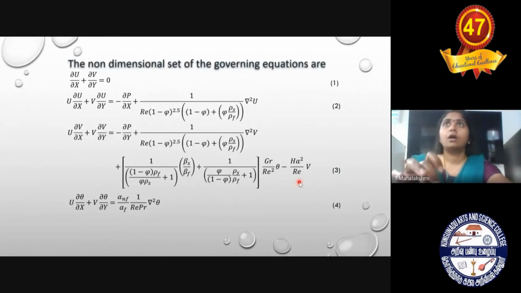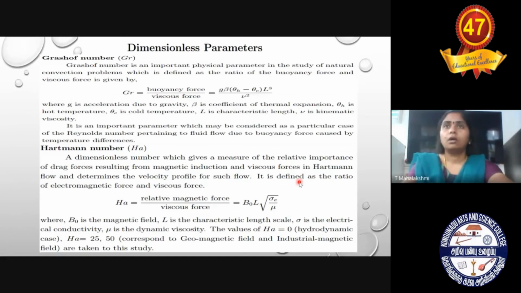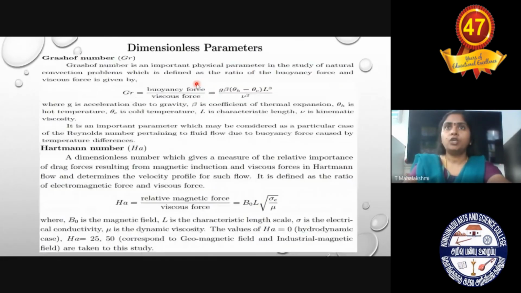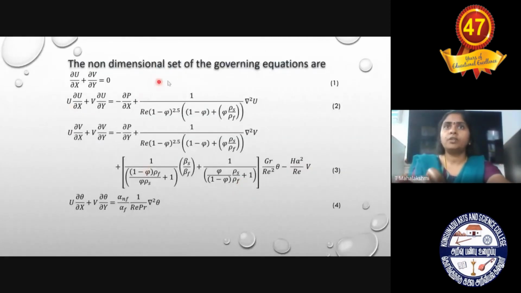Okay, sir. In this set of equations, you can see the non-dimensional form. First we fix the problem in dimensional form only. That dimensional form of equations will be discretized by using all these dimensional parameters. By considering all these parameters in the dimensional equations, we get the non-dimensional form.